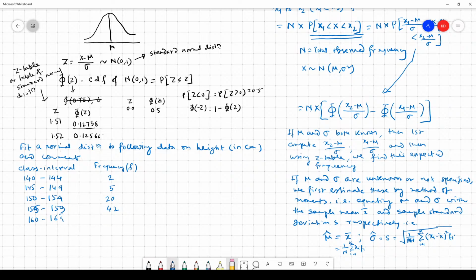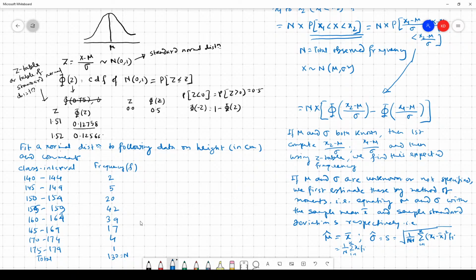This is 164, so the corresponding frequency is 39. 165 to 169, corresponding frequency is 17. 170 to 174, that is 4, and 175 to 179, 1. And total frequency, that is 130, which is denoted by capital N.